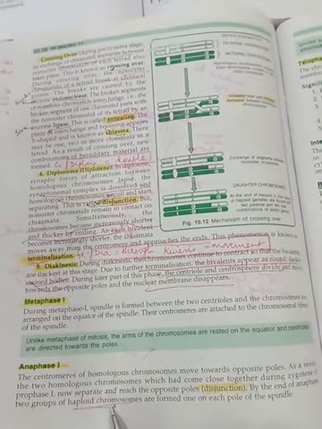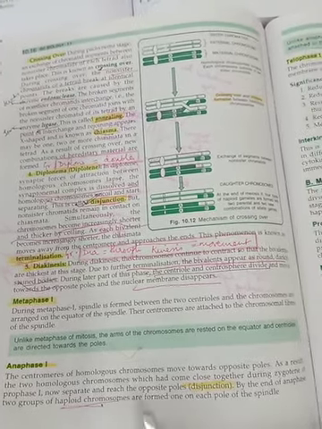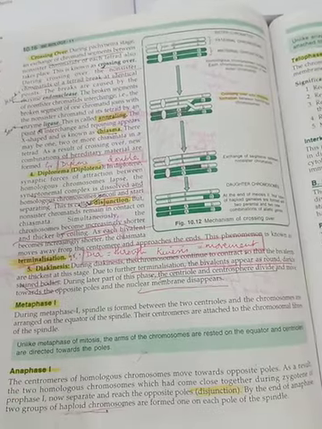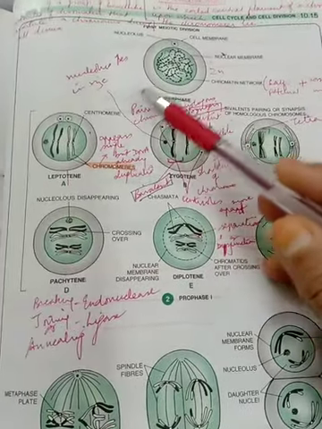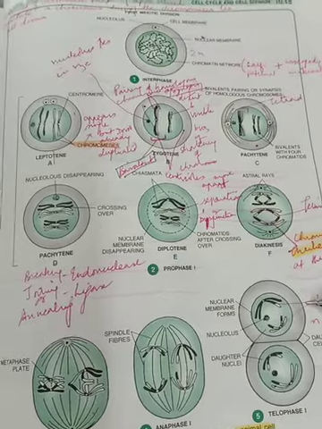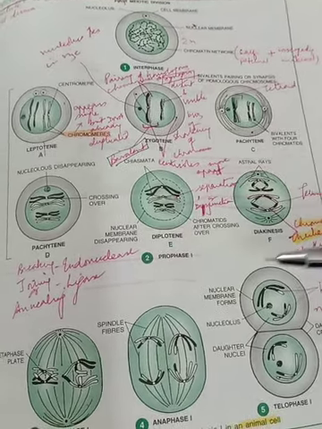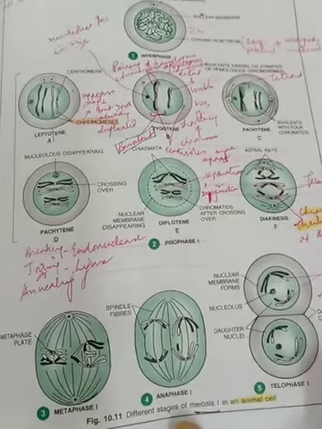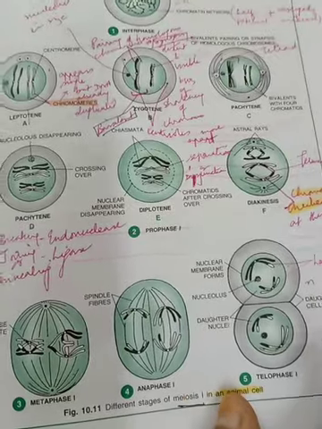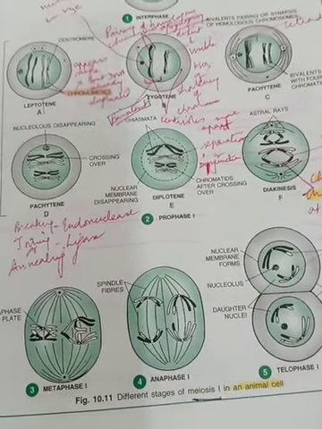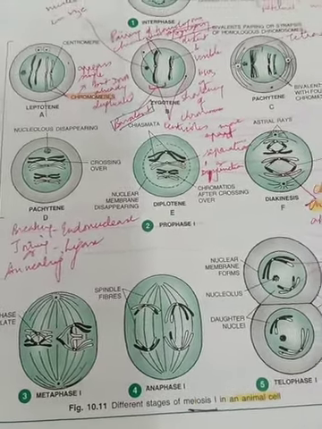By the end, two groups of haploid chromosomes are formed at each pole. You can see here, earlier it was diploid 2n, and now it has become n, that is half of the previous. That is why it is called the heterotypic division or the first meiotic division, in which the reduction of chromosome number can be seen.